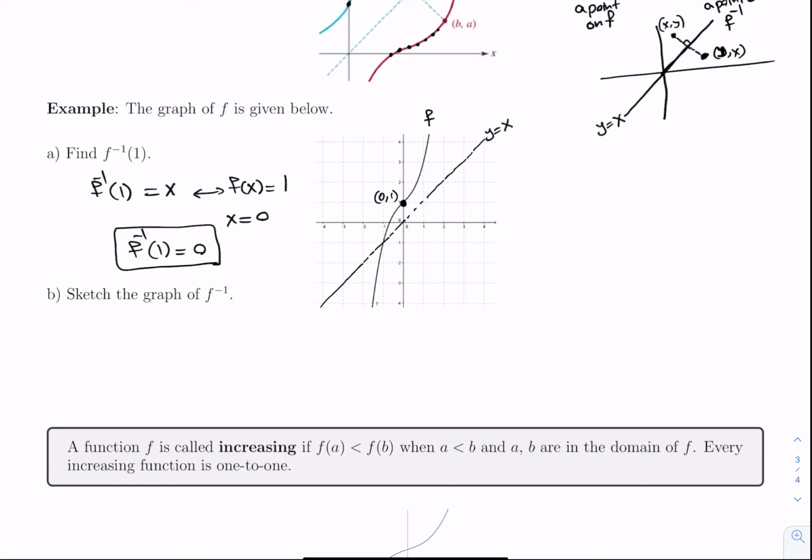You reflect it, switch x and y, you get the point 1 and 0. Use another point, this point. It looks like it has coordinates 1 and 3. Switch, reflect it, you get coordinates 3 and 1.